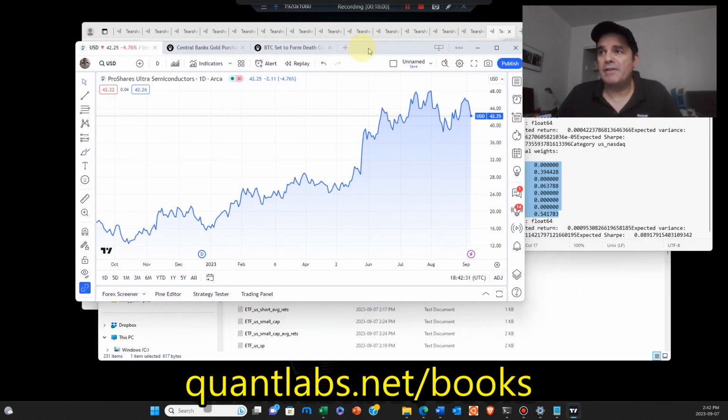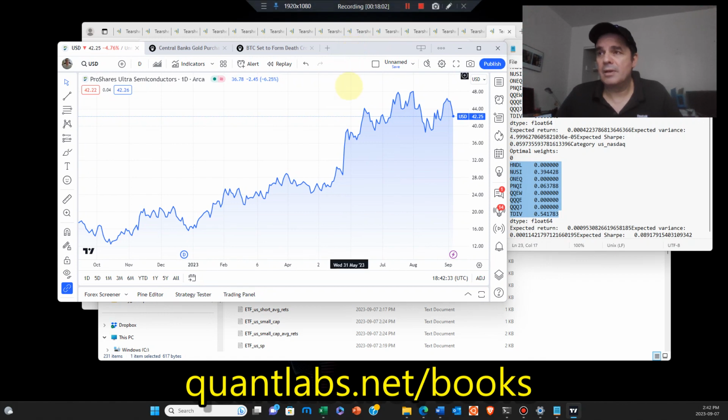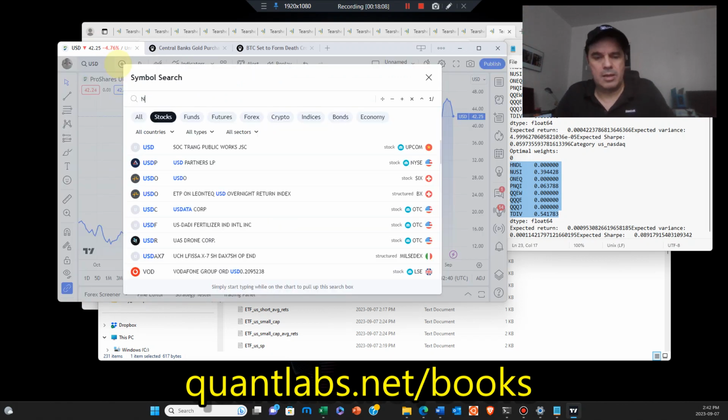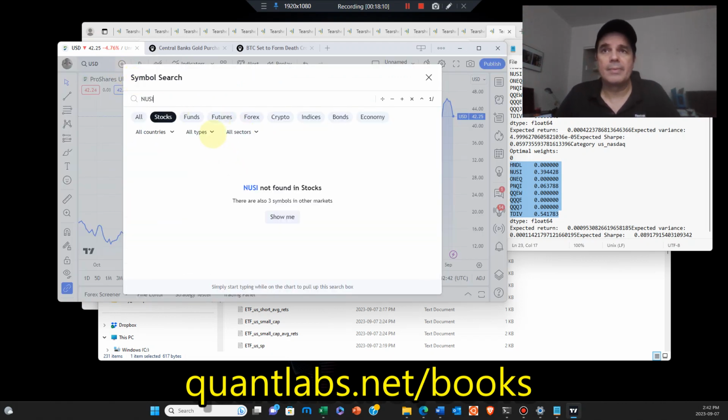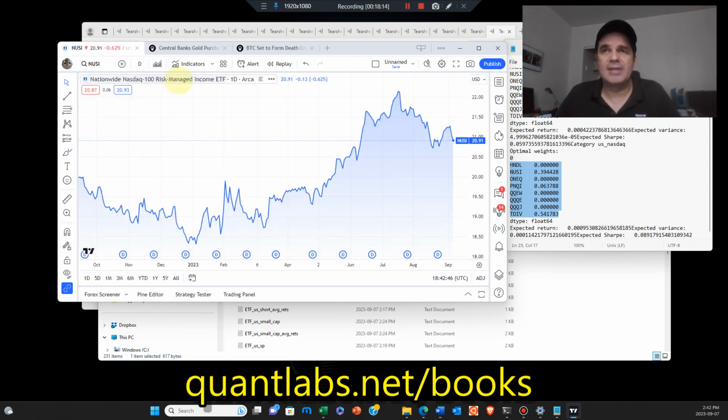The first one we have here, we'll look at this one, NUSI. Okay, so that's the Nationwide NASDAQ-100 Risk Managed Income ETF. This one's not too bad. It hasn't drawn down as much. If you were to factor in the NASDAQ itself, like let's pull up the QQQ.